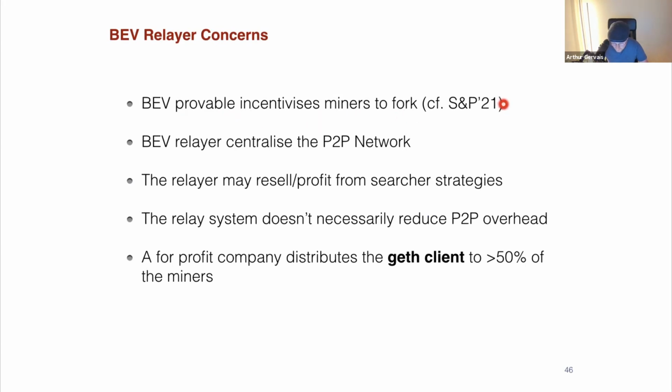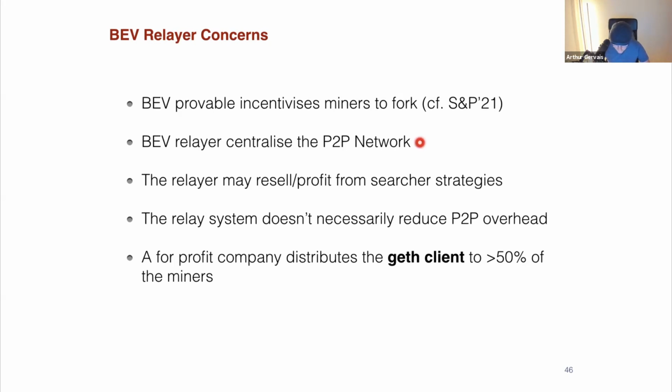We have shown this in the just-in-time discovery of profitable transactions paper at S&P, which means if there's a BEV opportunity, like a liquidation event, miners that are knowledgeable about how to fork the chain efficiently and optimally will do so, right? It's just rational behavior. Forks in a chain will deteriorate the blockchain security, which is dangerous as it introduces double spending opportunities.